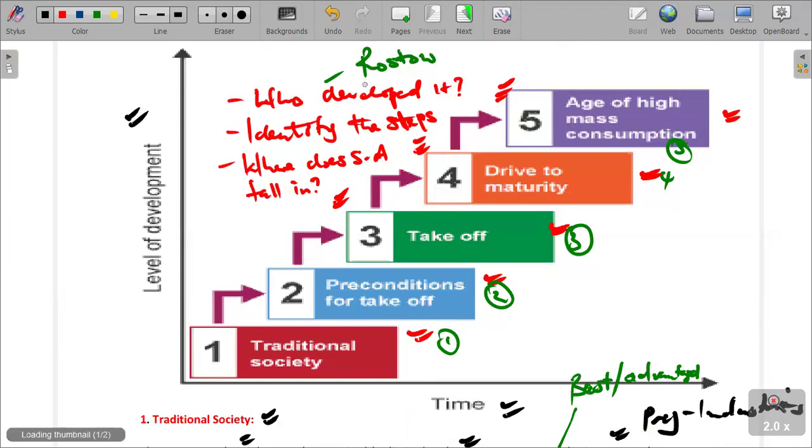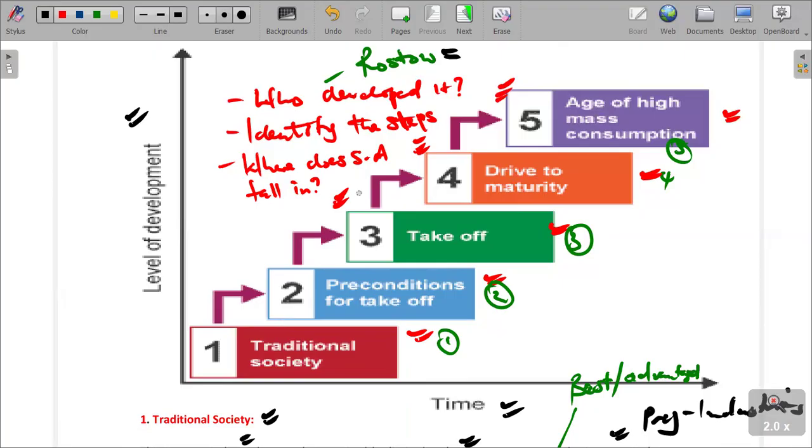So, who identified the model? We said it was identified by Rostow. And then, identify the steps that are numbered. When you see this, you will find that they would choose which stages they want you to identify and name. So here we have all of them.